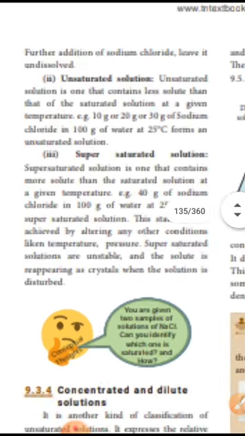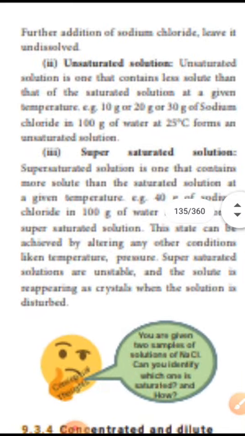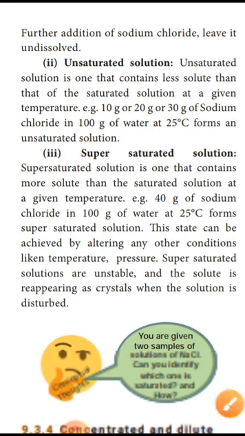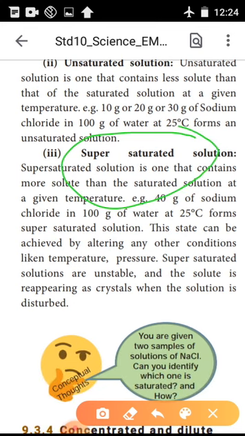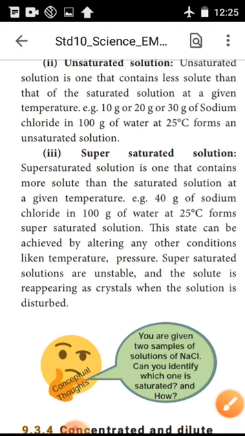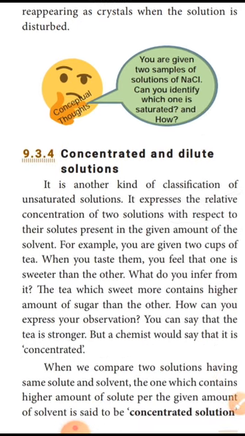The next one, which type of solution is unstable? The supersaturated type of solution is unstable because the solute reappears as crystals. The next one, concentrated and dilute solution.